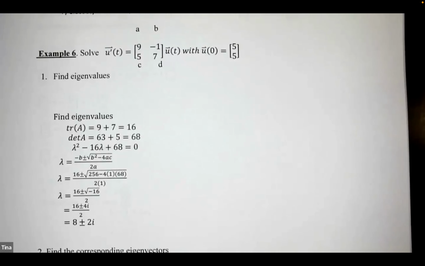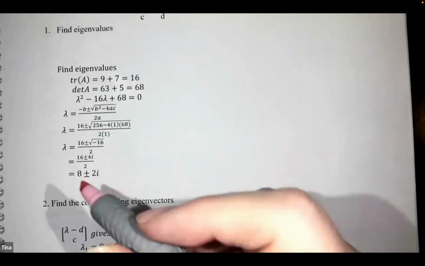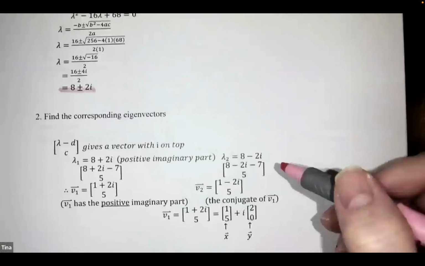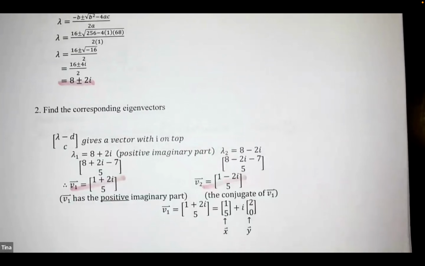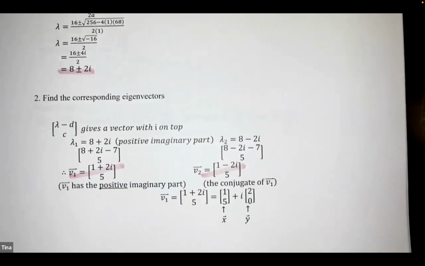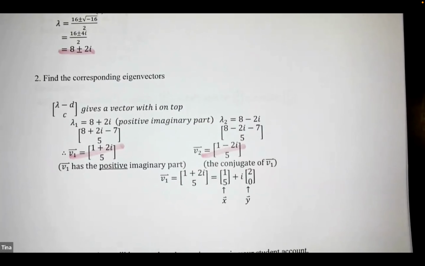So on 287, if we solve this one, well, again, eigenvalues, eigenvectors. So here's the eigenvectors. And if we look at this, here's our vector, V1 is 1 plus 2i and 5.